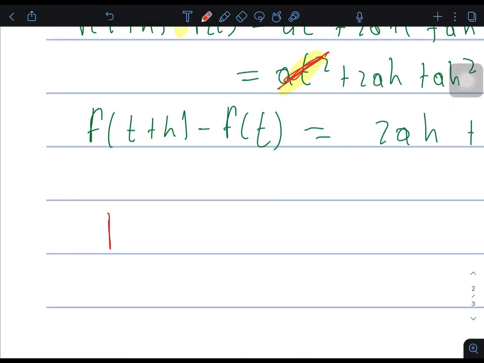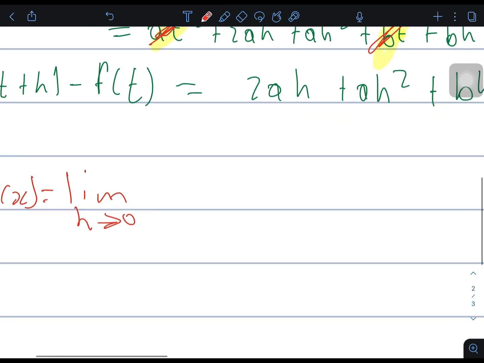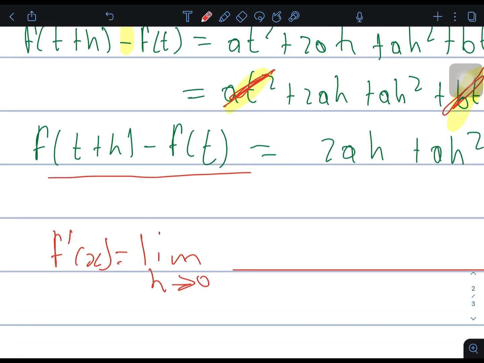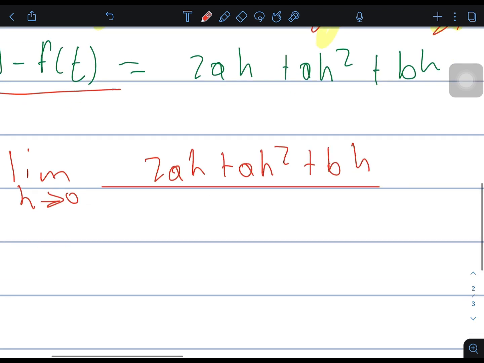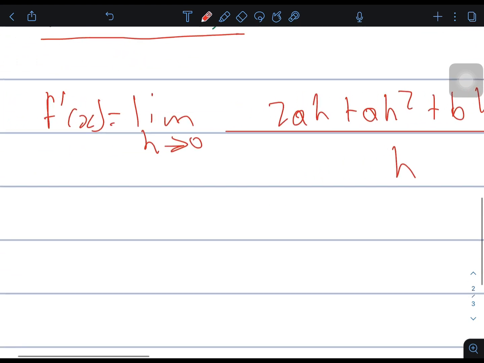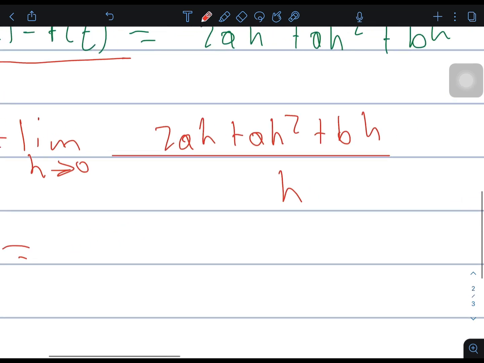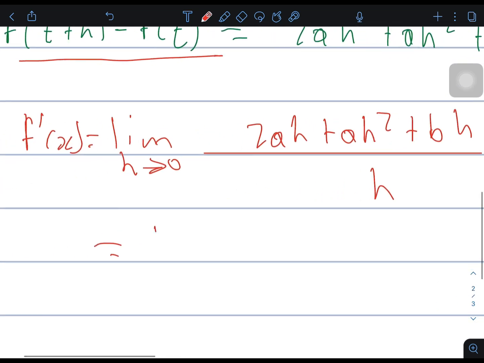It will be f prime of x equals the limit as h approaches 0, and in the numerator we have calculated and simplified, which is 2ah plus ah squared plus bh over h. Then we're going to factor out h as our common factor.